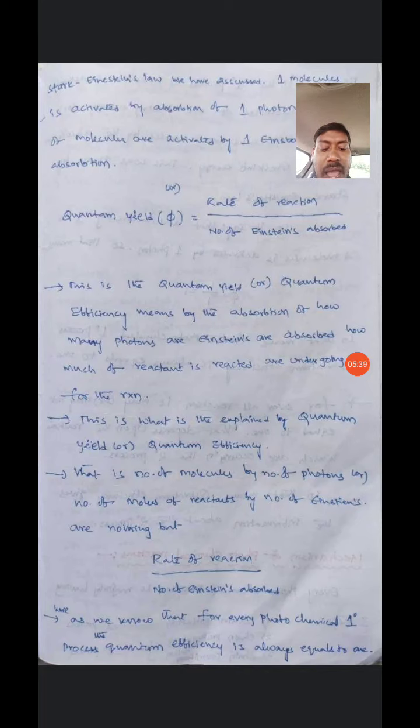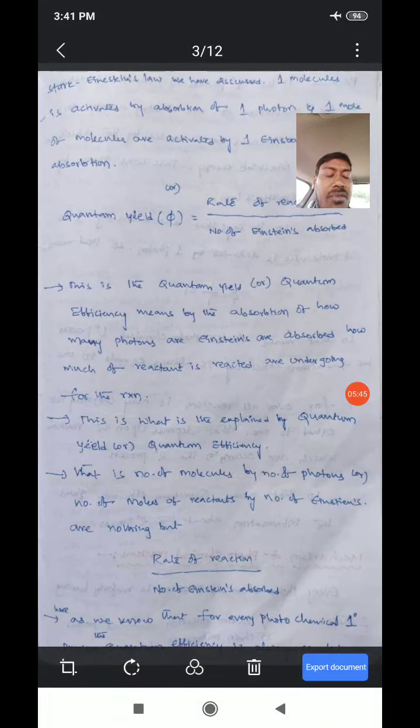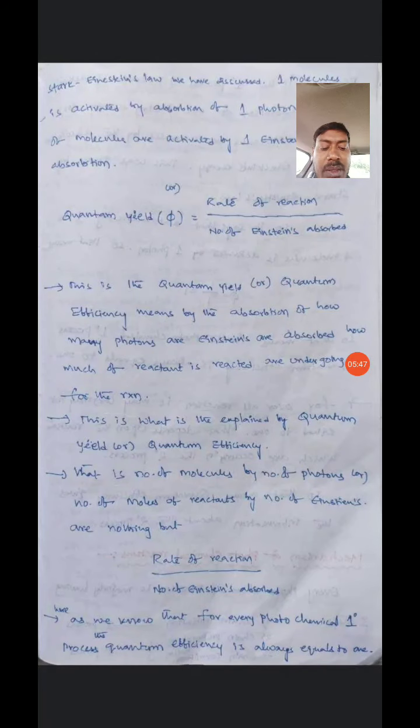As we know, for every photochemical primary process, the quantum efficiency is always equal to 1.